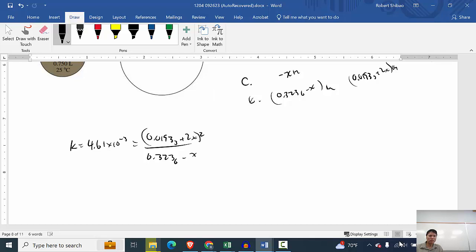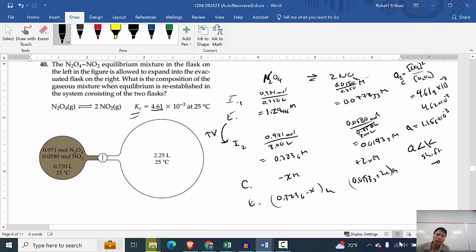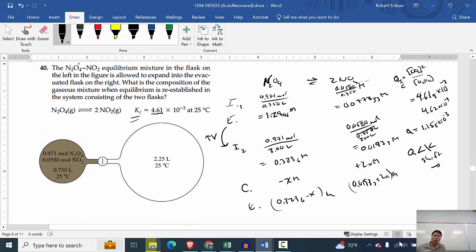Do you know what order this is going to turn out to be? Second order. So second order is a quadratic. So we can go ahead and do the quadratic. But I want to use a trick to simplify the math.